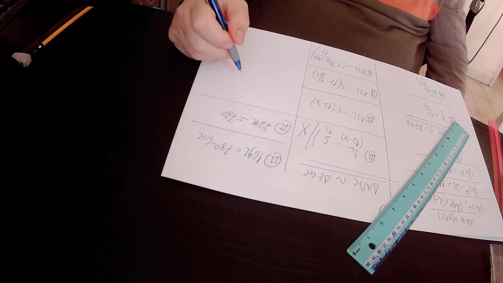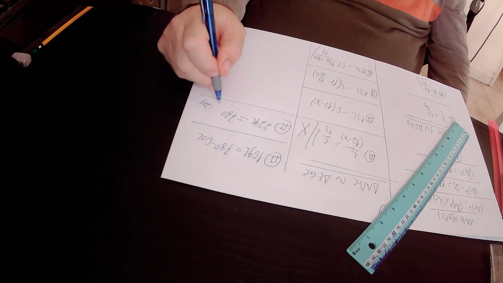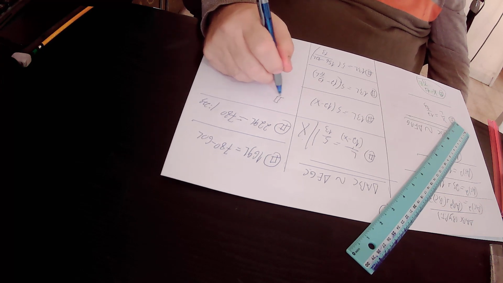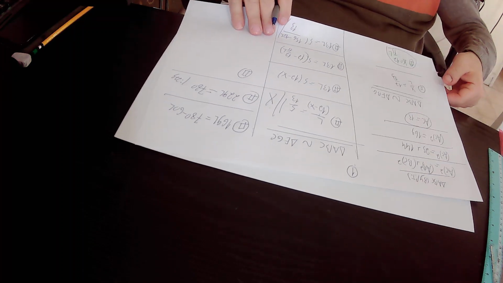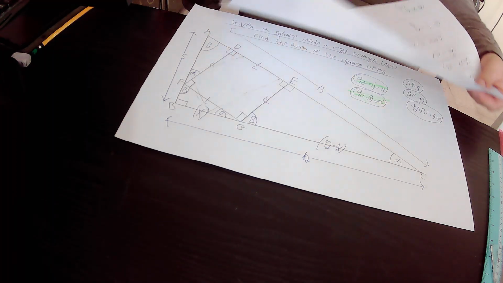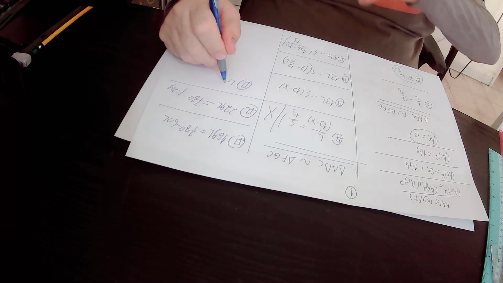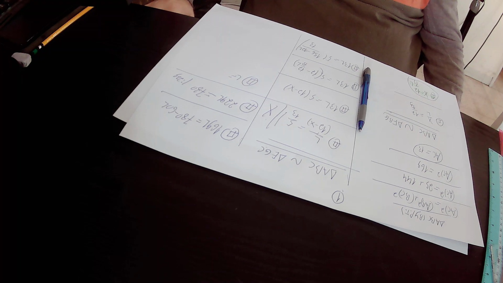Here we divide this equation by 229, and finally we get that L, the length of the square DEFG, equals 780 over 229.